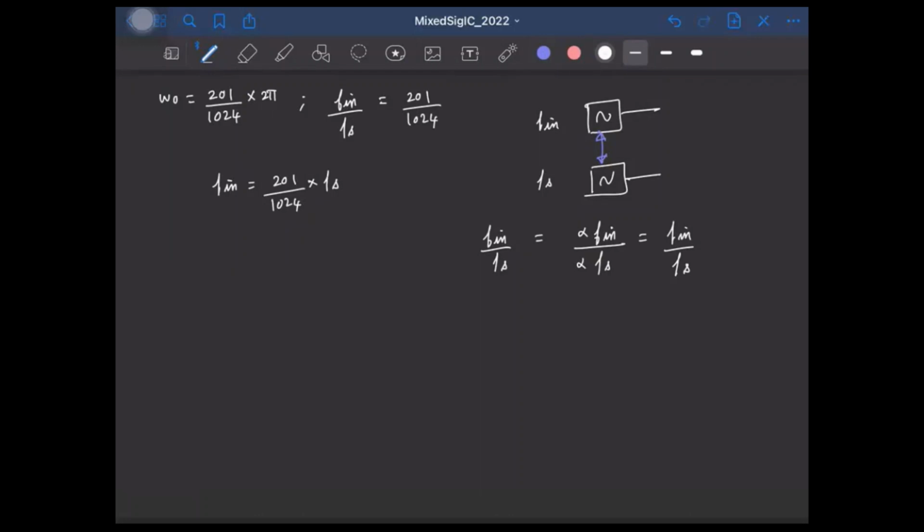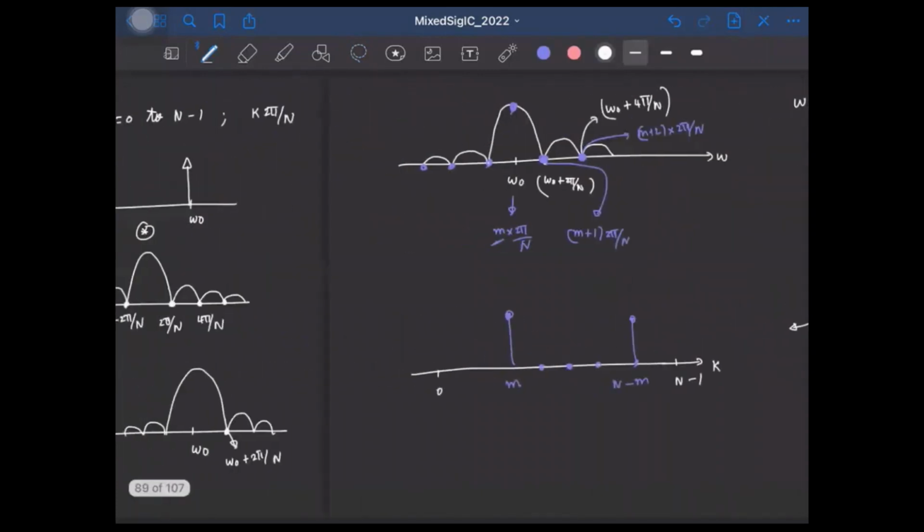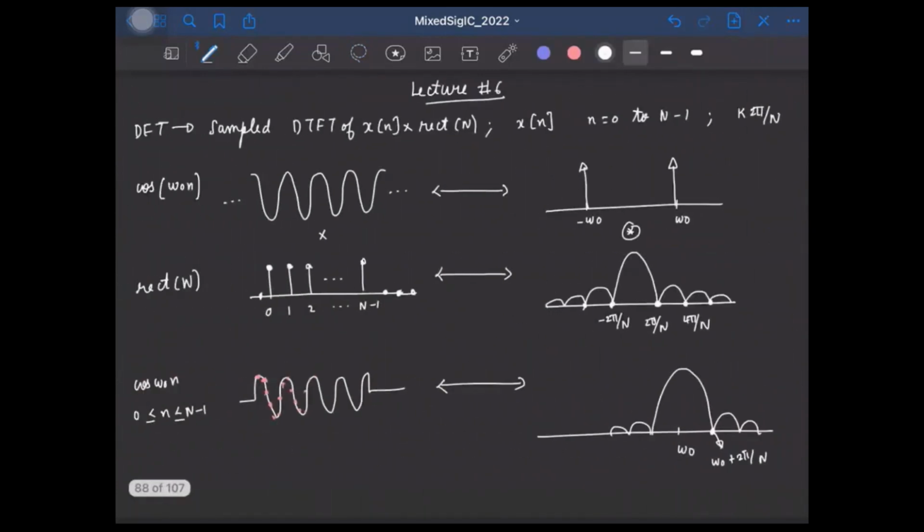So let's say our input frequency omega naught turns out to be 201.01 by 1024 times 2 pi, right? So that means Fin by Fs is 201.01 by 1024. So what will happen? Well, till this point we have the same, right?